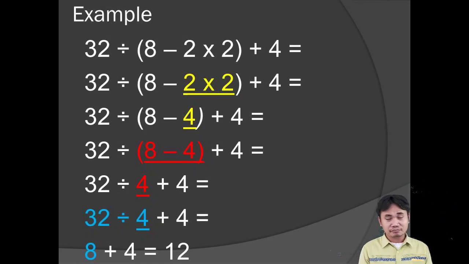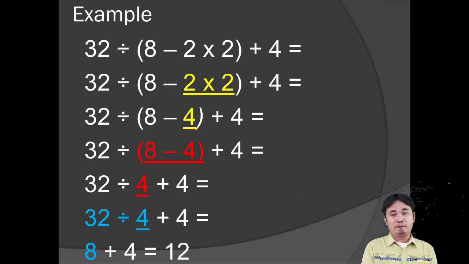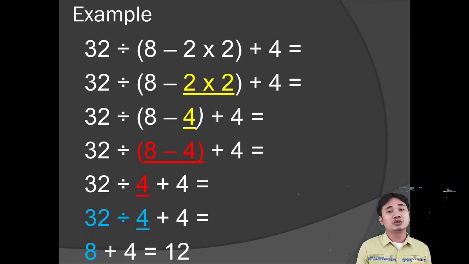Okay, ito na. 32 divided by, in a group, that is 8 minus 2 times 2 plus 4. So, what are we going to perform first? So, ipi-perform natin inside the group, the operation inside the group first. So, whatever the operation inside the group, you always follow also the GEMDAS or PEMDAS.